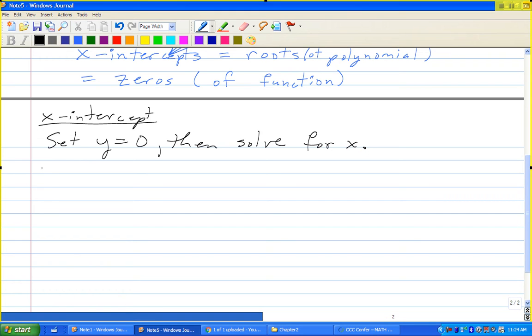Of course, this means that for any x-intercept, the y-coordinate will be 0.